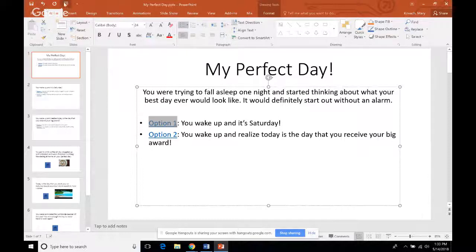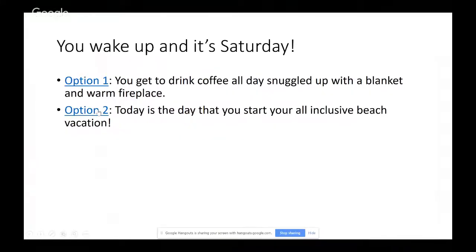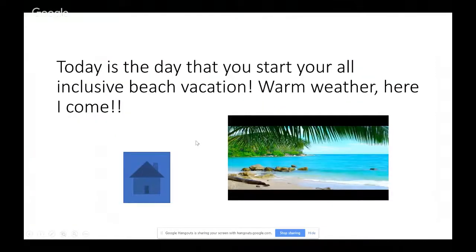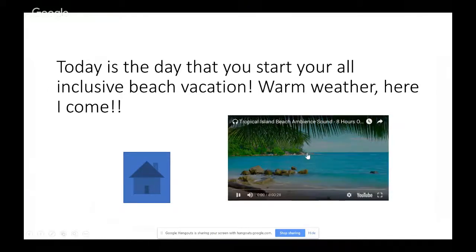So now when I go to view the slideshow, what happens is, if I click on option 1, it's going to take me to that slide. You see then, it links not necessarily right to the next slide, but the slide that's hyperlinked based on the option I chose. So you can see this one, I have an embedded video.